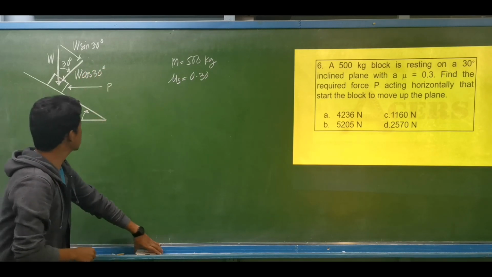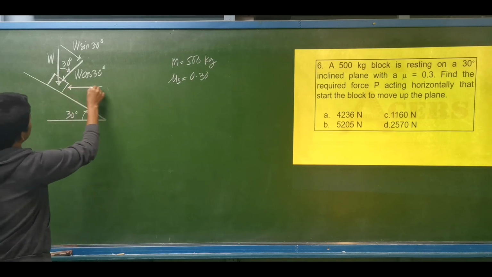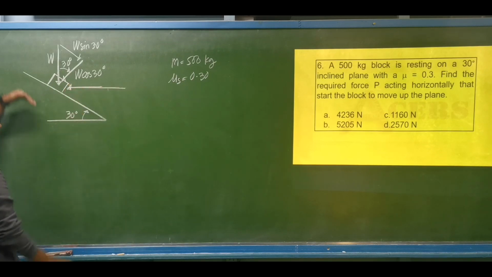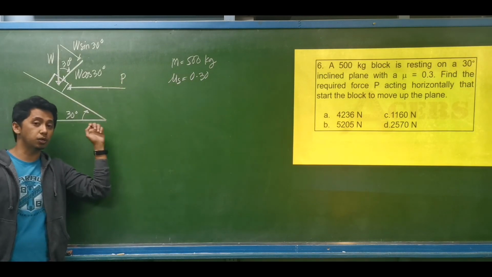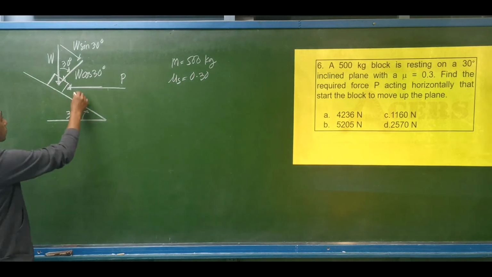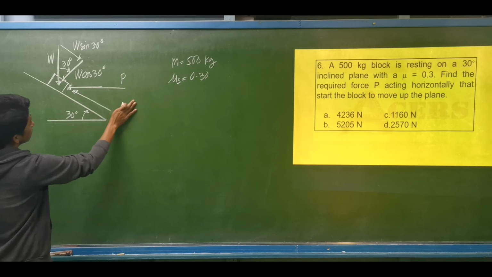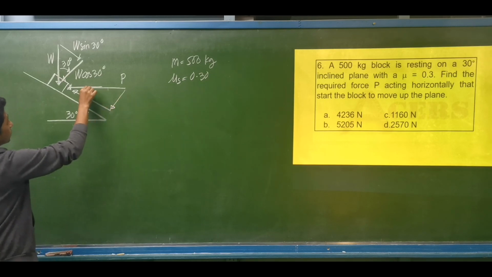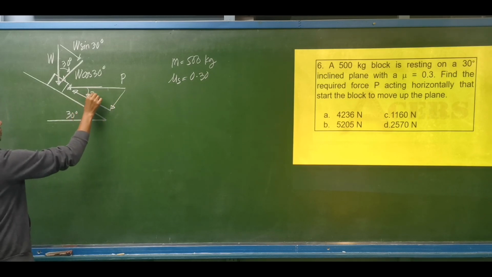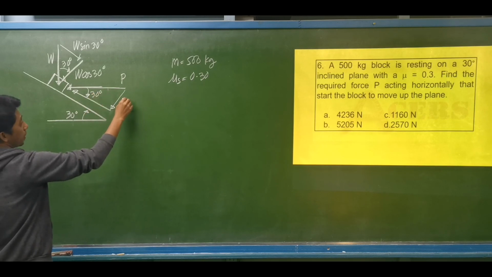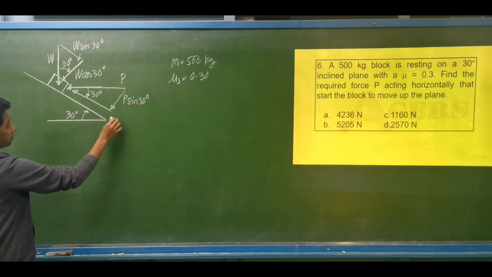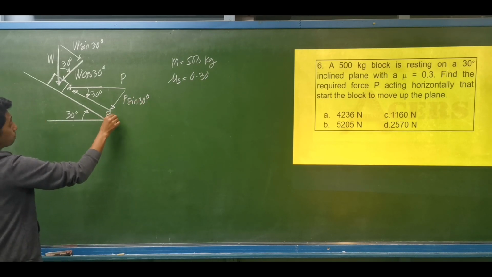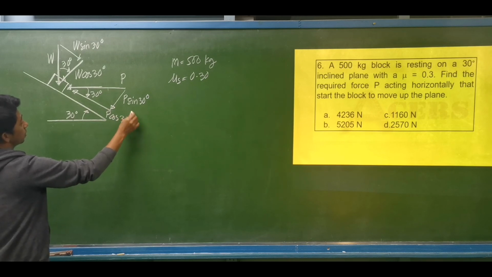Since the force P is applied horizontally, not parallel to the inclined plane, it will have its component parallel to the surface and perpendicular to the surface. This is the parallel component and the perpendicular component. This is the same as the angle 30 degrees. So the perpendicular component is P sine 30 degrees and the parallel component is P cosine of 30 degrees.